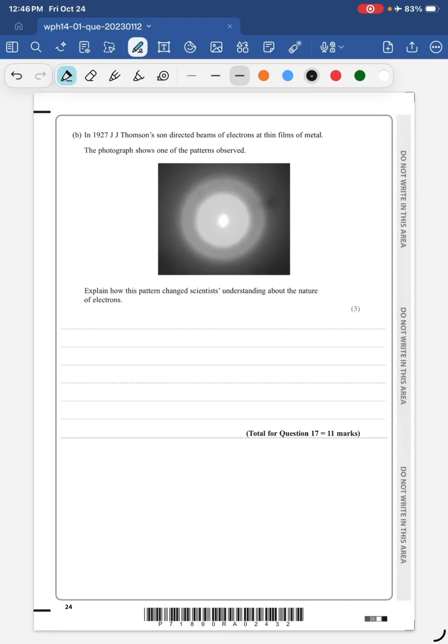So this is diffraction. So diffraction patterns are observed, which are similar to waves.